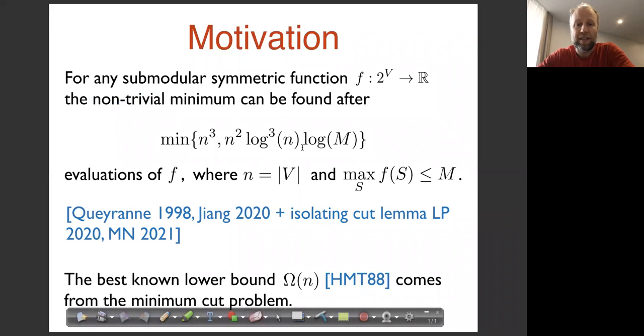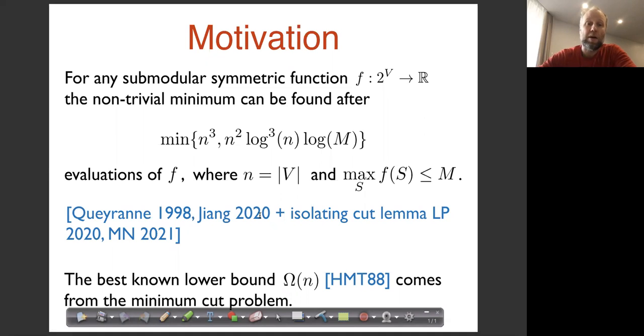This second one is some very recent results, like a paper of Jiang from SODA of last year, plus some observations that reduce the general submodular minimization problem to the non-trivial minimum finding problem.